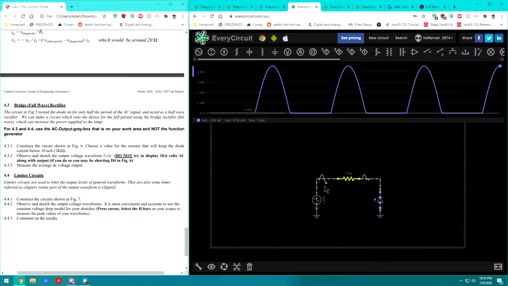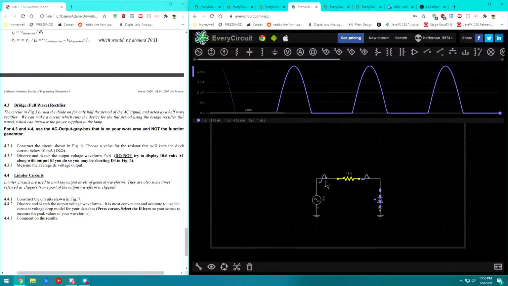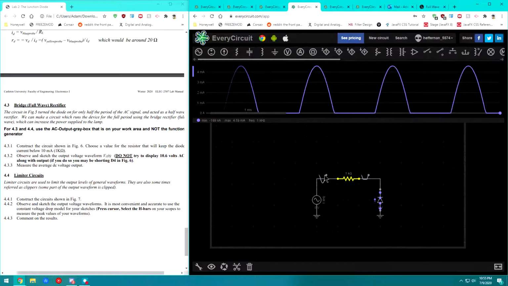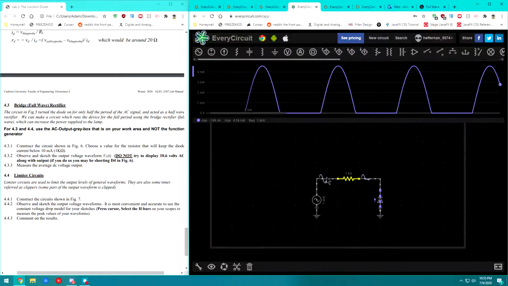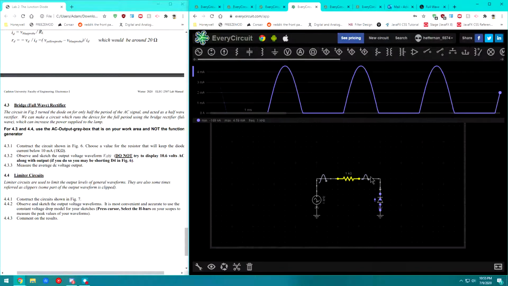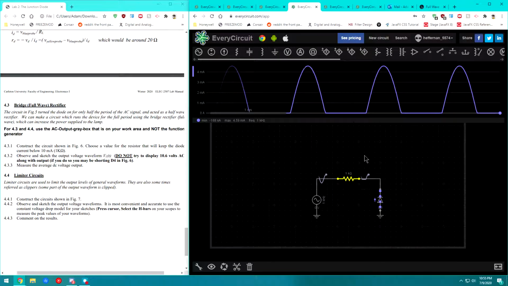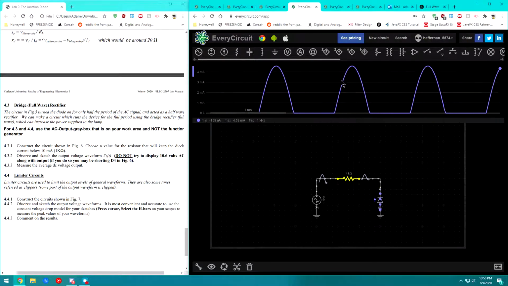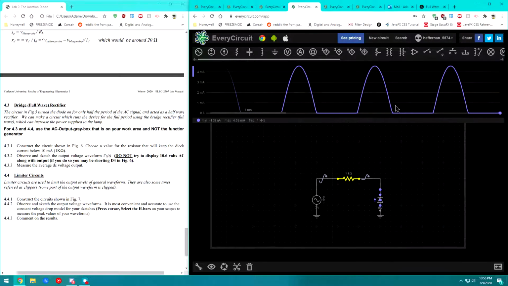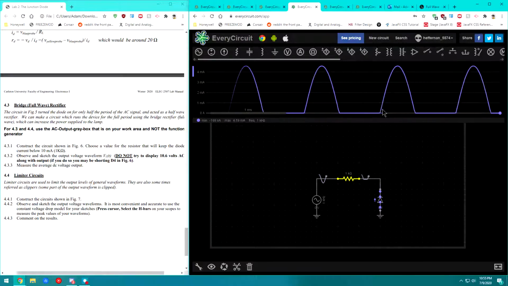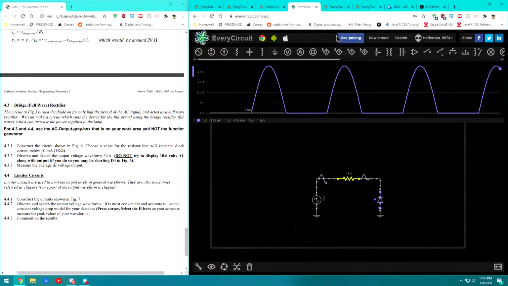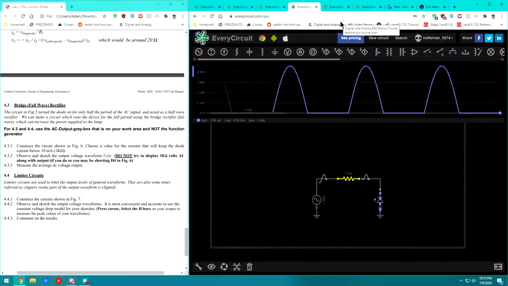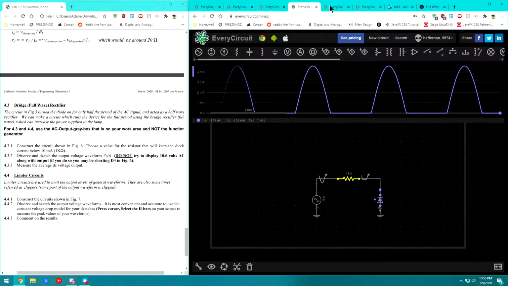When the sine wave is going down below here is when the diode starts to conduct, and it conducts in the reverse direction. So these would be the negative half cycles for the diode. When you're drawing it out on a graph, make sure you show that. Yeah, I guess that's it for that circuit.